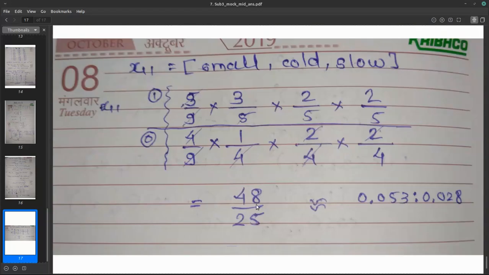And here it would be 48 divided by 25. So the class would be nothing but 1, right? Because this ratio is greater than 1. So the probability of y equal to 1 given x11 would be higher than given y equal to 0, right? And this ratio would be roughly equal to 53 divided by 28, or you can say 0.053 divided by 0.028.